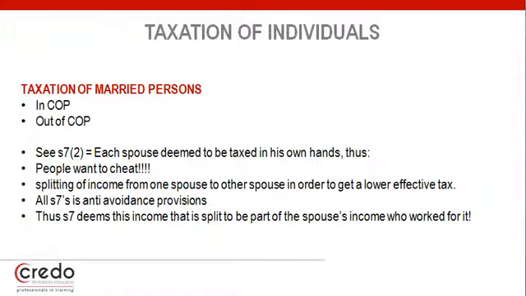When you deal with individuals, you have two types of marriages. You can either be married in community of property or out of community of property. When you get married in community of property, all your passive income gets divided between your spouses. Out of community of property, what's mine, I get taxed on.